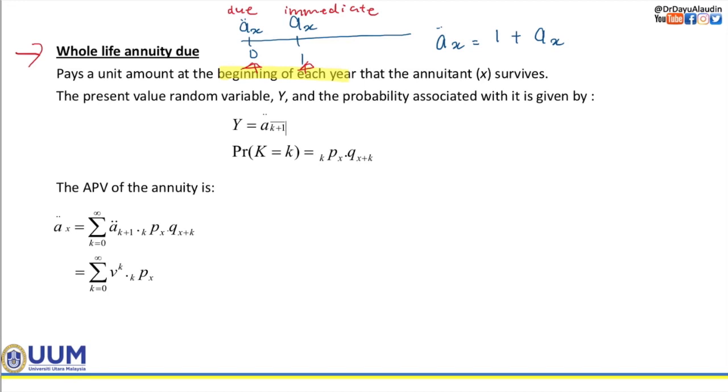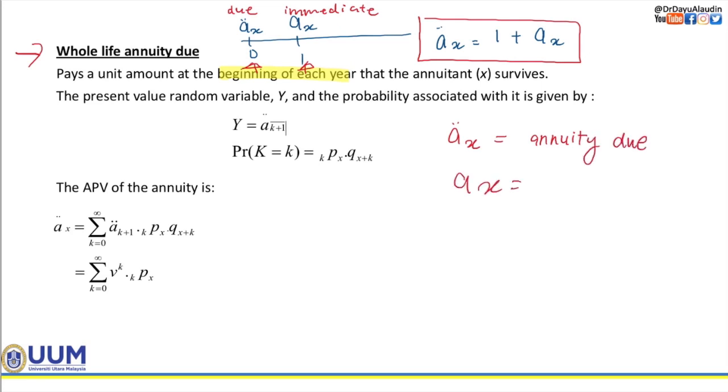So the relationship between annuity due and annuity immediate is 1 plus annuity immediate. So this is annuity due for whole life. This is annuity immediate for whole life.